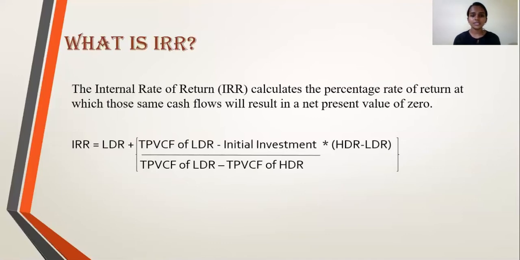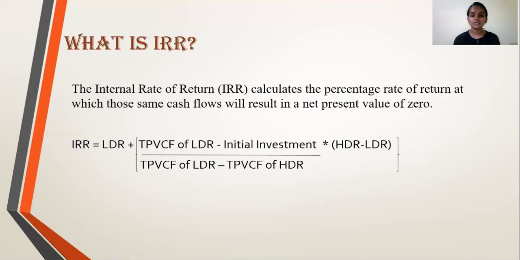So you're going through a lot of calculations, and you're not able to identify the actual discount factor that can bring you a positive NPV. So IRR helps you identify the percentage at which you can attain the break-even level of NPV, which is nothing but the NPV being equal to 0.